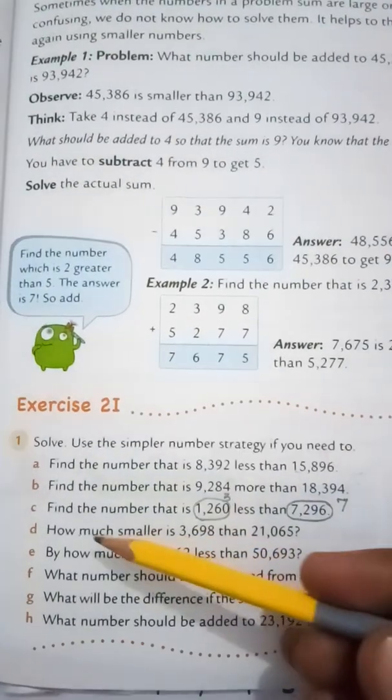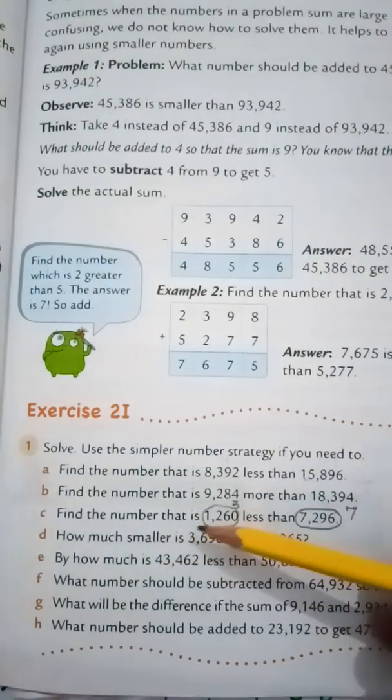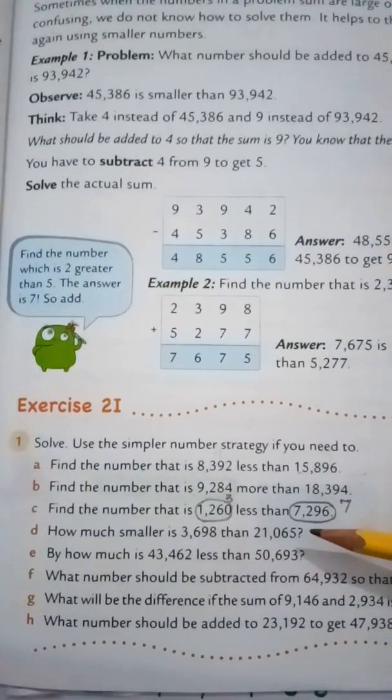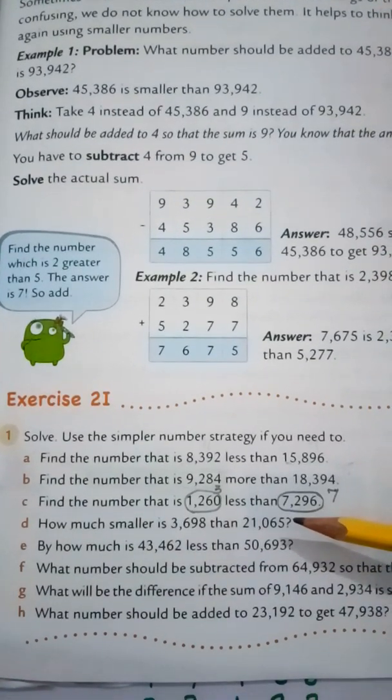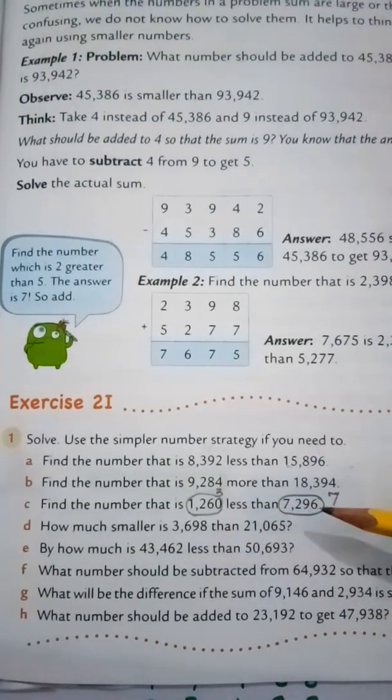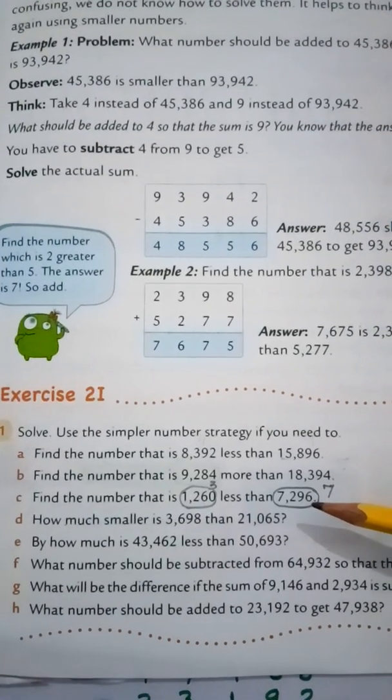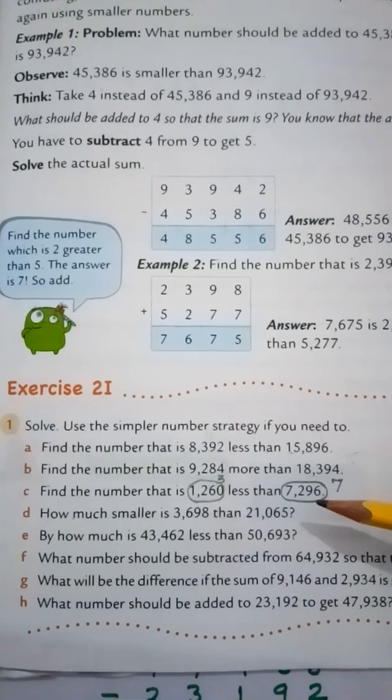Now you read the question. Find the number that is 3 less than 7. It is a little easier to calculate. So obviously it is 4. How do you come to know the answer? It is subtraction.